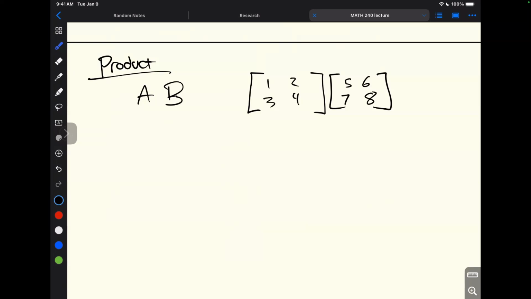And so the way we do that is we do the inner product, where first we're going to look at this row and this column. And so the inner product of this row and column is going to give us 1 times 5 plus 2 times 7. That's 5 plus 14, which is 19. And so we're going to have a new matrix where we put that new number.